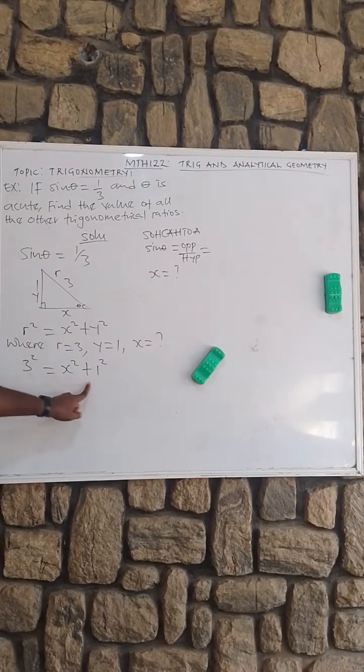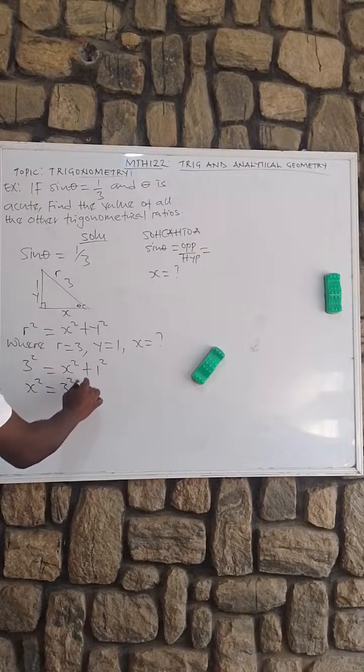So we are going to look for what? Let's look for x, right? So x squared will now be equal to 3 squared minus 1 squared. True or false?